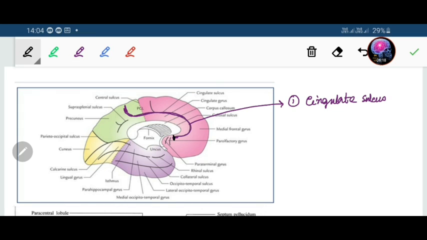And posteriorly, it turns upward to reach the superomedial border of the hemisphere. The superomedial border of the hemisphere is this one.